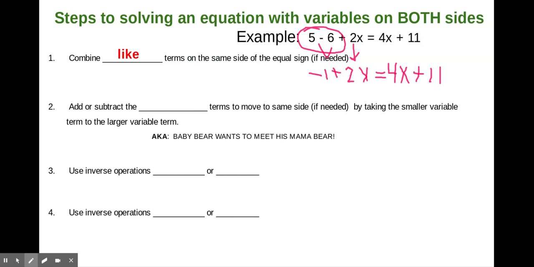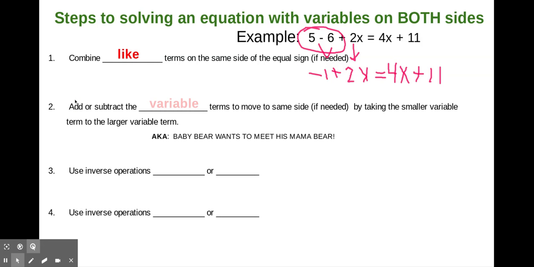So the only thing new today is before I combine the variables on one side, I have to combine like terms on the left side, combine like terms if I can on the right side, and then you take the smaller variable term to the larger variable term, which brings us to step 2.